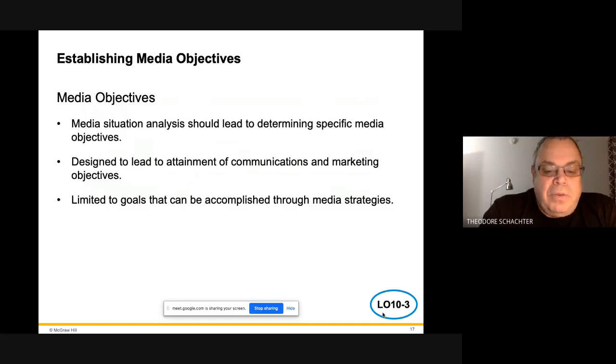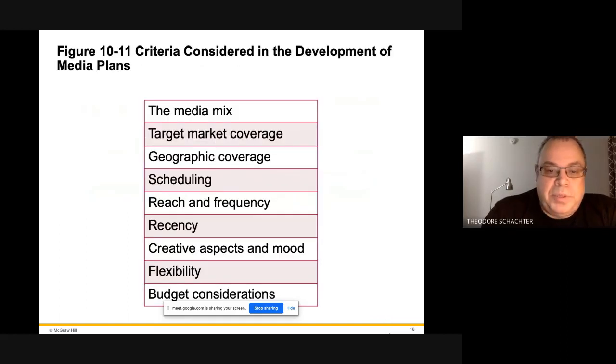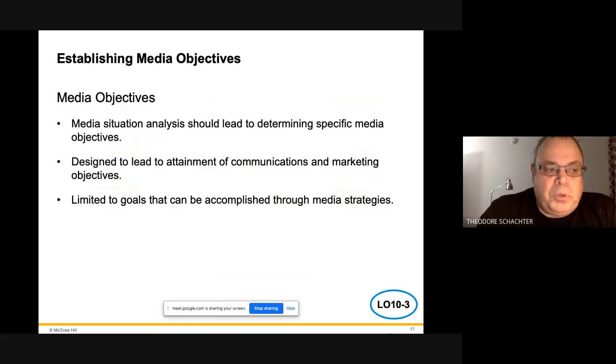It means that your marketing communication objectives are to sell the product or bring awareness to a certain brand or a certain demographic, and the media objectives have to reach that demographic. So your marketing and communications objectives establish the foundation for how you're going to start looking at media. You have to have media to deliver the communications and marketing objectives.